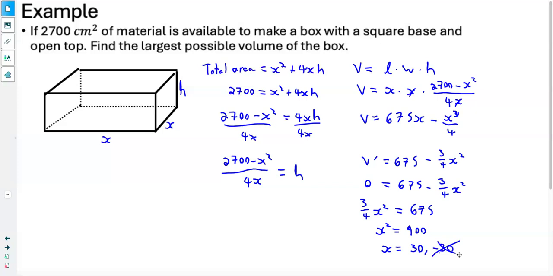So, obviously, our x should be greater than 0 because otherwise we don't have a side. But we also know that if our x here is too large, then all of a sudden our volume goes to 0. So we can say our x has to be less than the root of 2,700. Or 0 is less than x, which is less than 30 root 30.